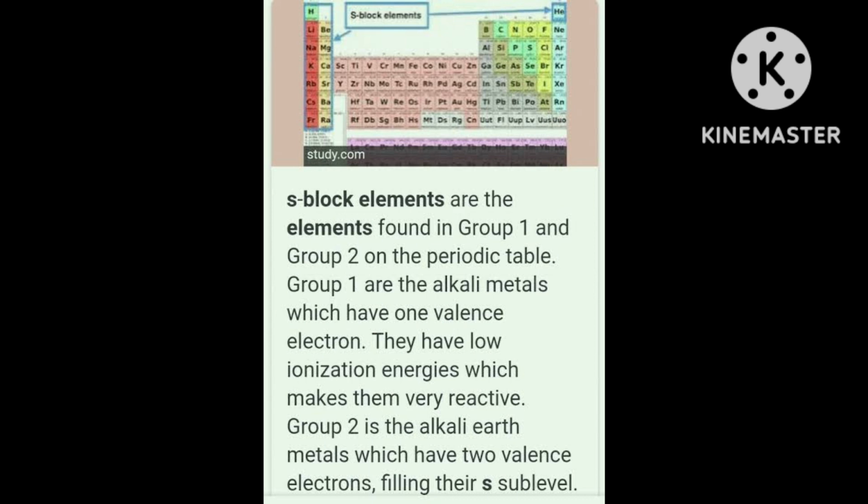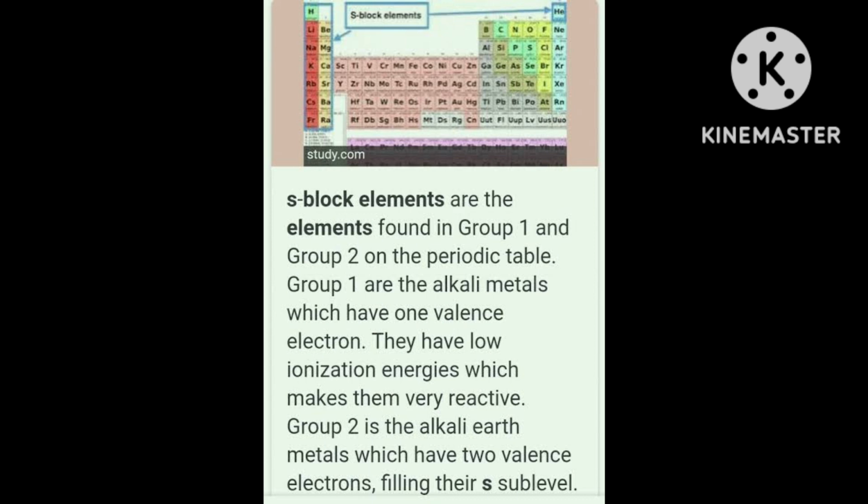But in the end, every time one electron will be in the last. As for example, potassium's last electron is 4s1.